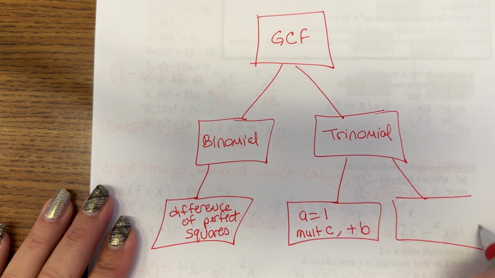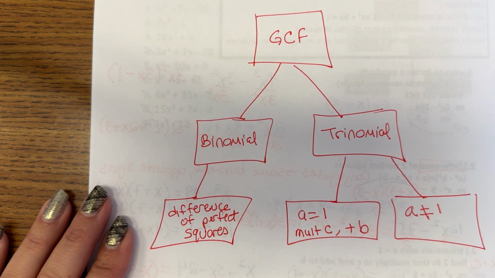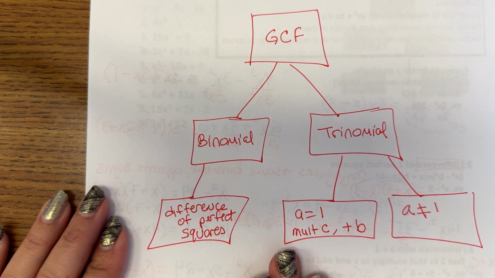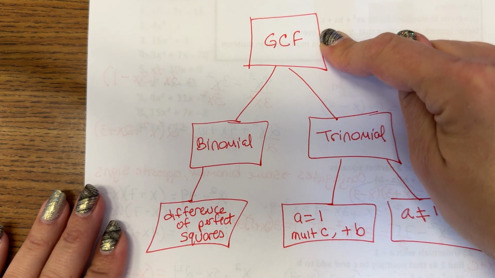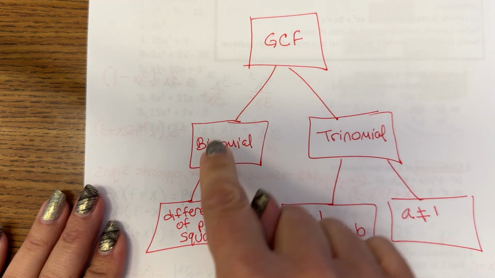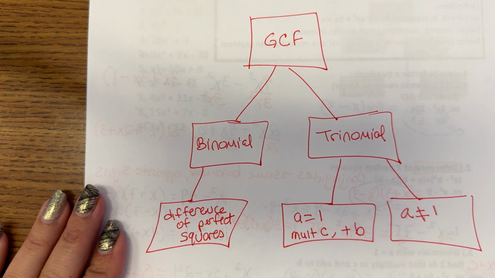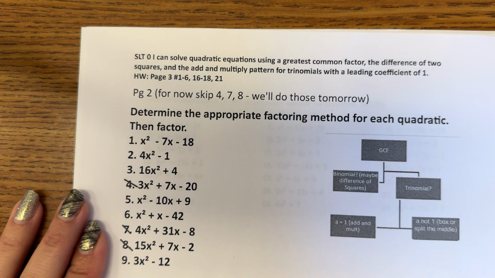Tomorrow, or the next class, we're going to do when a is not 1, method to be determined. So this is our flow chart, for every factoring problem. Is there a greatest common factor? If there is, factor it out. If not, then we decide 2 terms or 3, and then that leads us to the method that we would use. So I want you to pause the video here after you hear my directions.